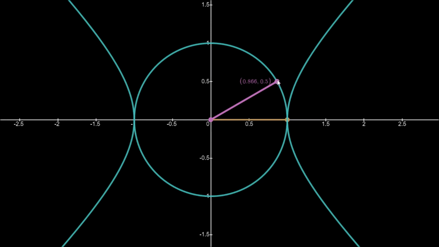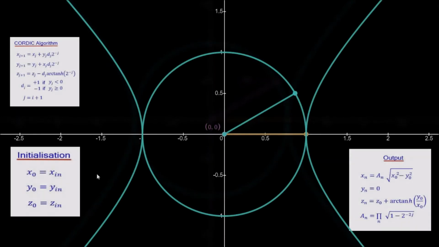So what we're going to work out is the inverse tangent of the division between these 2 points, that is, the inverse tangent of 0.5 divided by 0.866.